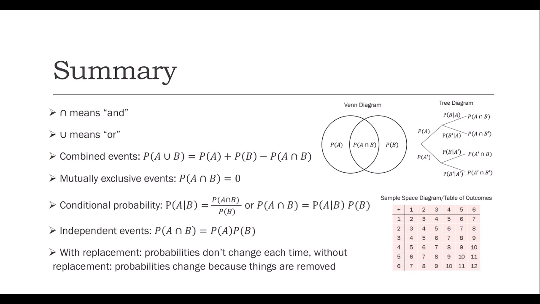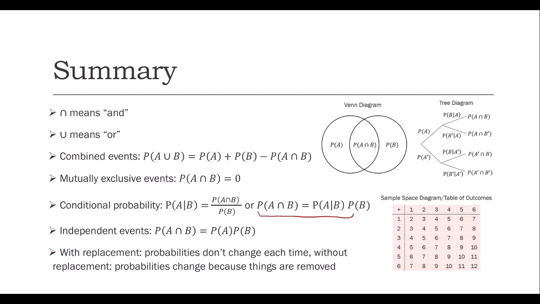For conditional probability, the probability of A given B equals the probability of A and B over the probability of B, or the equation written in this form. Our independent events are where the probability of A and B equals the probability of A times the probability of B. And then with replacement, your probabilities don't change each time, but without replacement, your probabilities will change because things are removed.